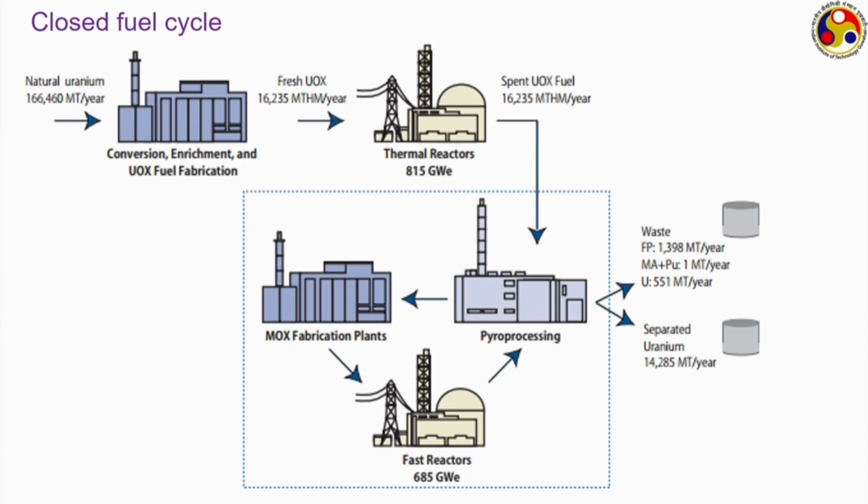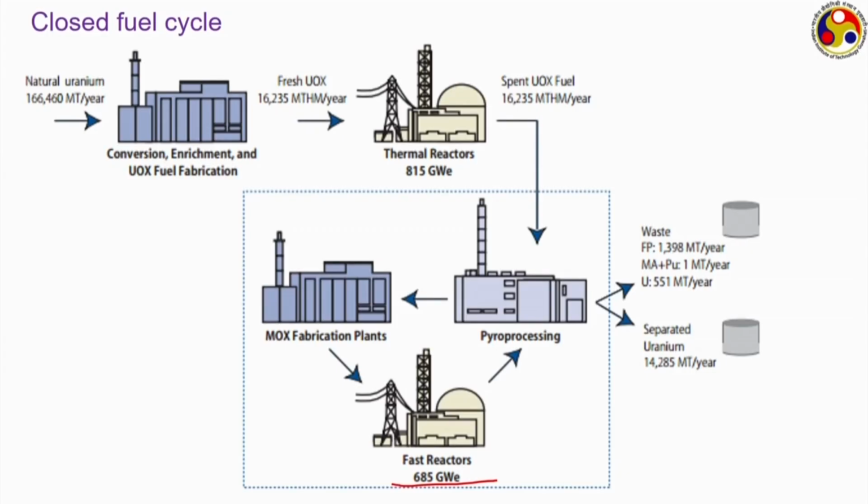MOX refers to mixed oxide, which actually combines uranium oxide and plutonium oxide together, and this mixed fuel is commonly supplied to this fast reactor, which is giving 685 gigawatt of energy, and the 685 plus 815 together is equal to that 1500 gigawatt.